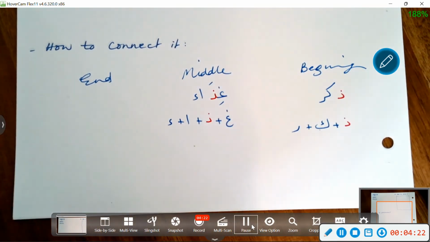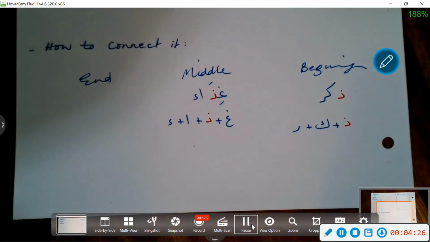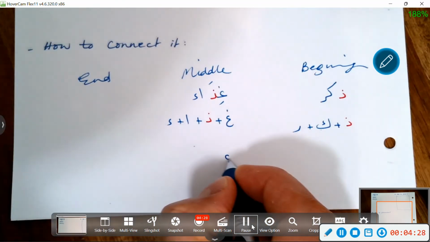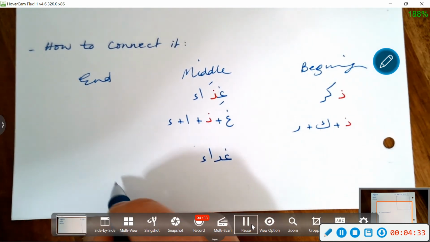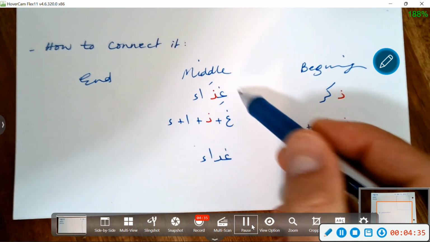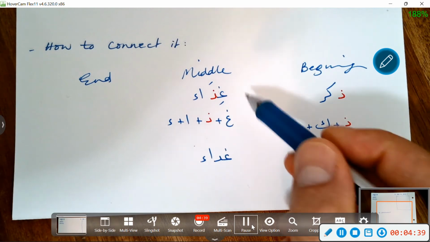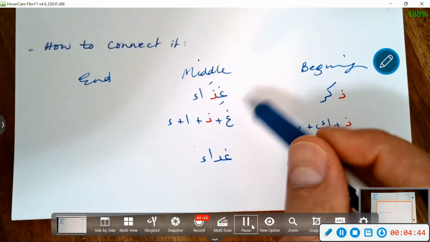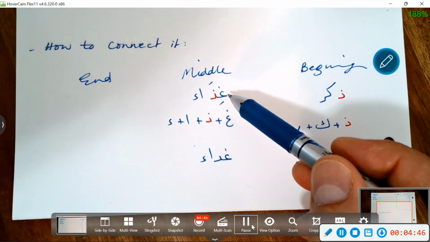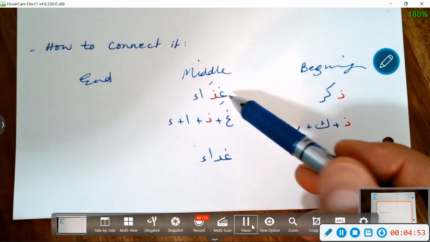Now if we remember from the previous lesson, letter daal, we have a word غداء. We may think these two words look alike, but they are different in meaning. غداء means a lunch. غذاء means just a meal, any meal, any food you eat, they call it غذاء. غداء means just a lunch.